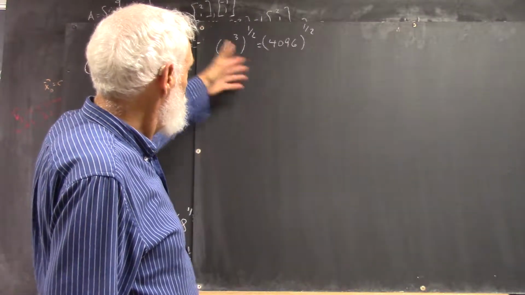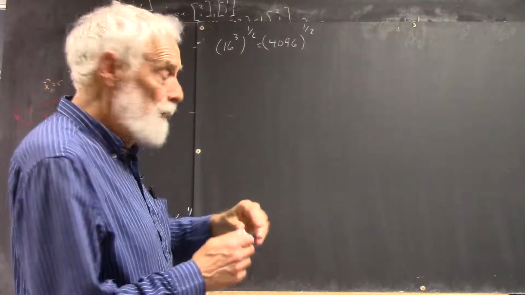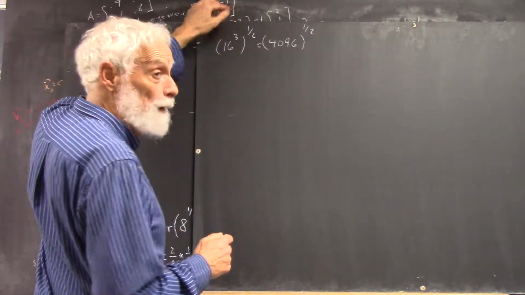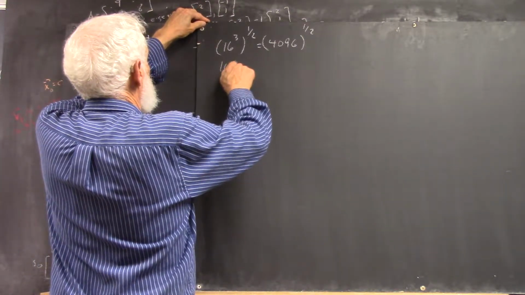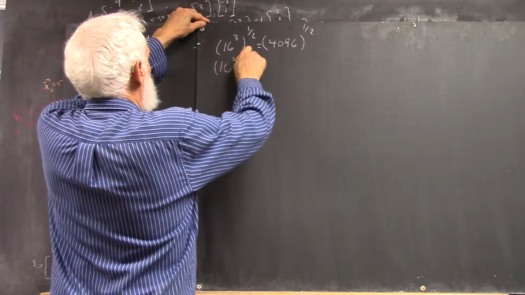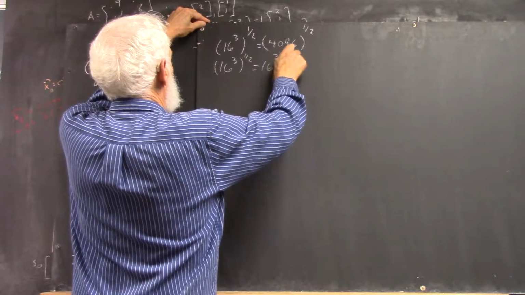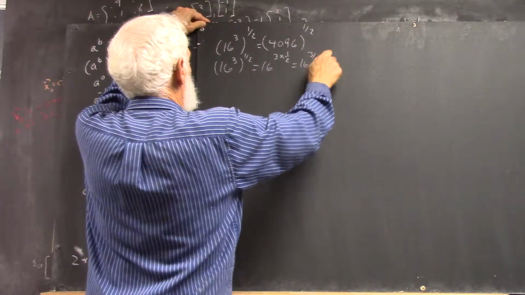Well, what you do is you say, well, 16 cubed to the 1/2, and you've got to be aware of this, is the same as, well, that'd be 16 to the 3/2, right? So we could write 16 cubed to the 1/2 equals 16 to the 3 times 1/2, which is 16 to the 3/2, right?